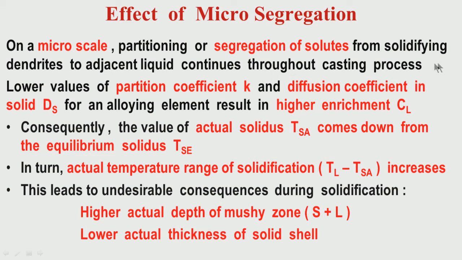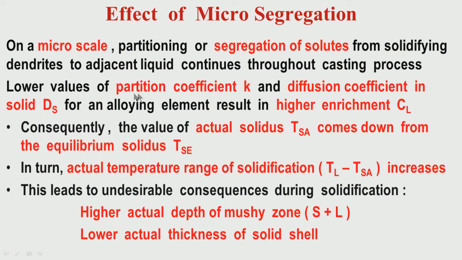That means, throughout the course of solidification, this partitioning of solutes, which is the cause of segregation, continues, because the solidifying dendrites will become less rich in the solute elements, and the adjacent liquid will become more rich. So, this difference in concentration is called microsegregation.